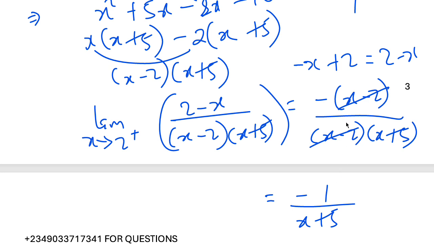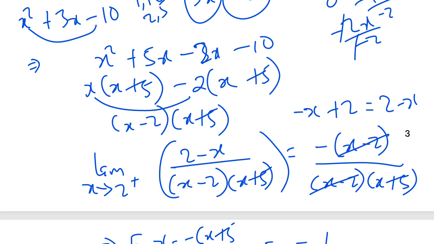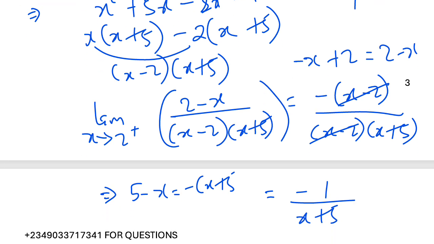I hope you understood what I did there. We saw that we have 2 minus x and x minus 2, just like 5 minus x can be written as negative x plus 5. That's kind of like a factorization.